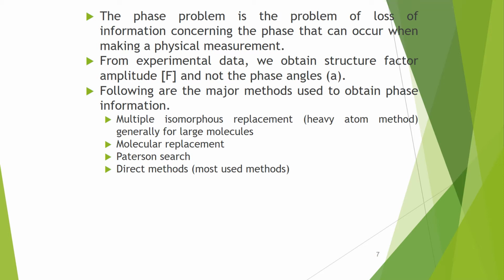Number one, multiple isomorphous replacement, which is a heavy atom method used generally for large molecules. Second is molecular replacement, and third is Patterson search. The fourth method used to obtain phase information is the direct methods, the most used methods.